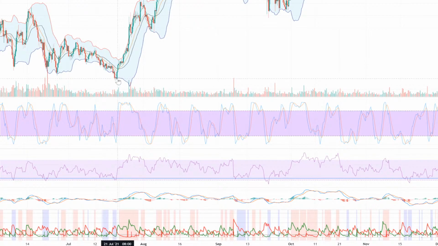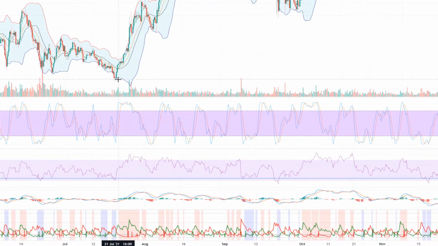Now, a bullish candle means, for me, that this candle should be closing above the previous candle's open, the previous bear candle. Let me zoom in again so you can see it a bit more clearly.